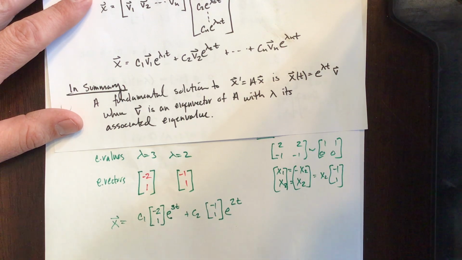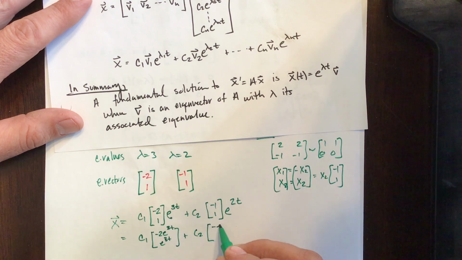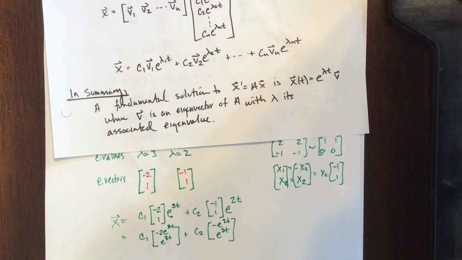This is, I'm going to do baby steps right here. Negative 2 e to the 3t, e to the 3t, plus C2, negative e to the 2t, e to the 2t. Okay, why am I doing that?